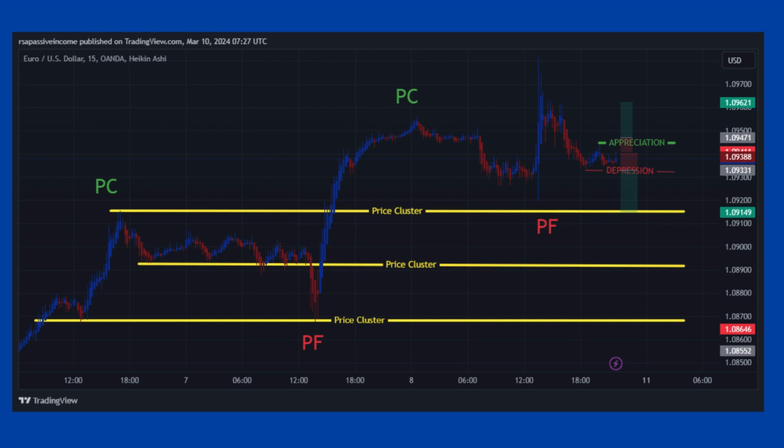Just move the stops a little bit above, so something like this, and one is to 2.5. All right, so that's the market analysis.